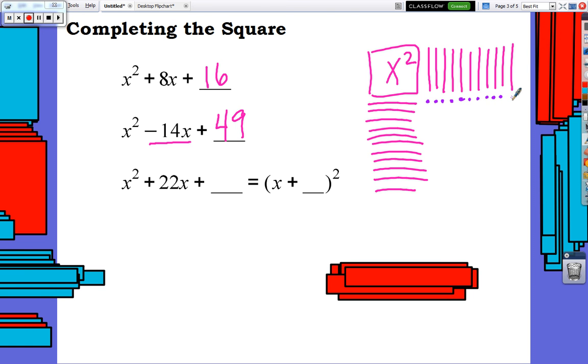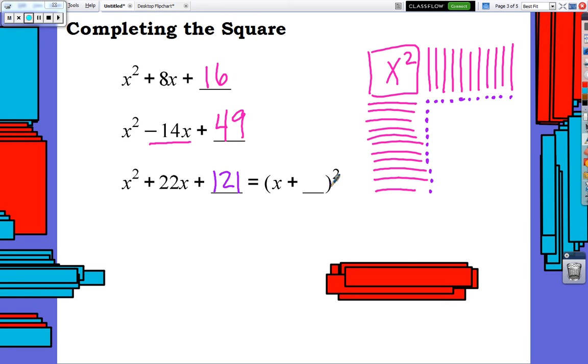Hopefully you're seeing a pattern though, and you're seeing that this is 11 by 11 dots. So 11 times 11 is going to give me 121.